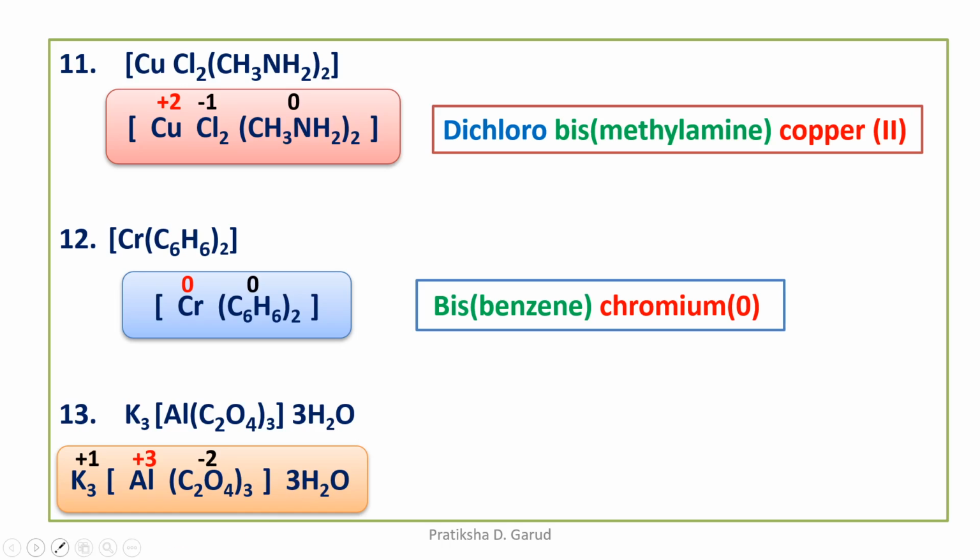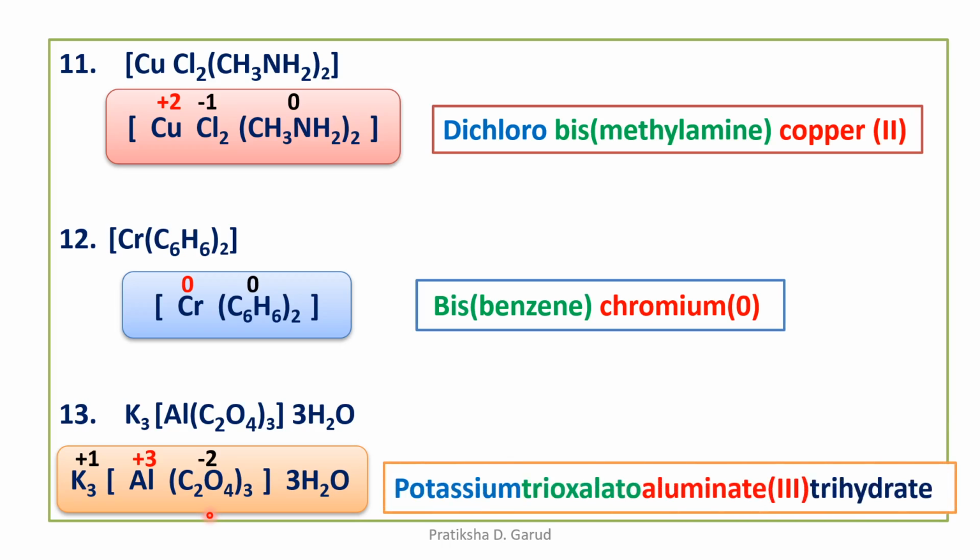First of all we have to write the name of the cation, that is potassium. Name of the anion is trioxalato, and then we have to put a space in between them. Then the metal, aluminium with the ending ATE, and oxidation state is +3. So its name is potassium trioxalato aluminate +3 trihydrate. Okay, so this is the name of this complex ion.